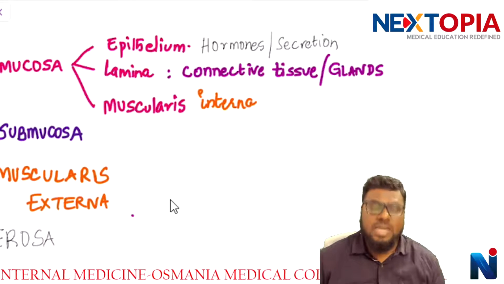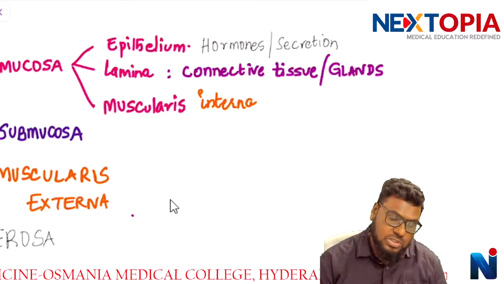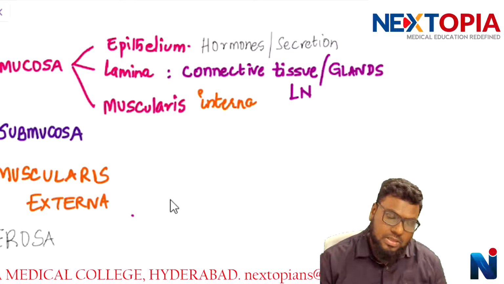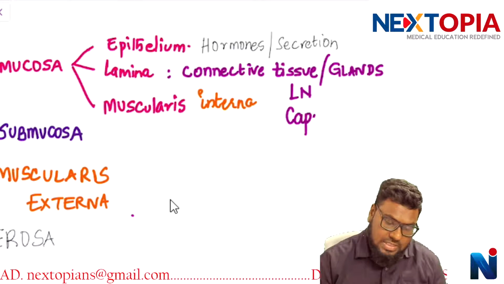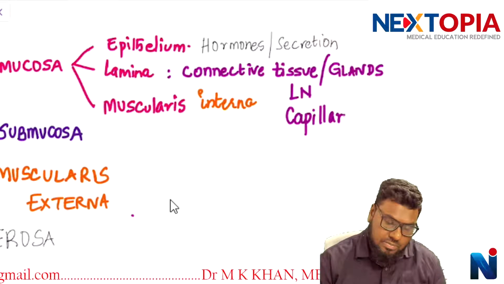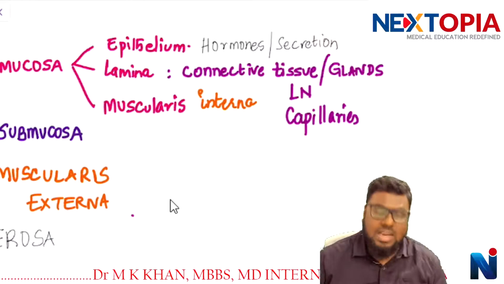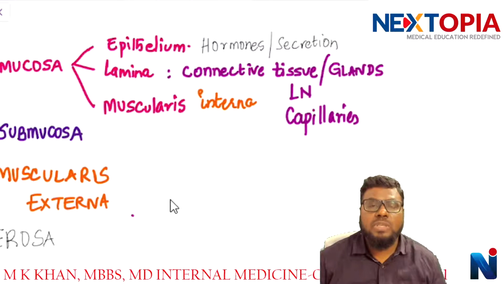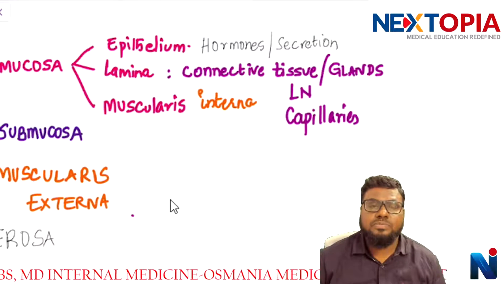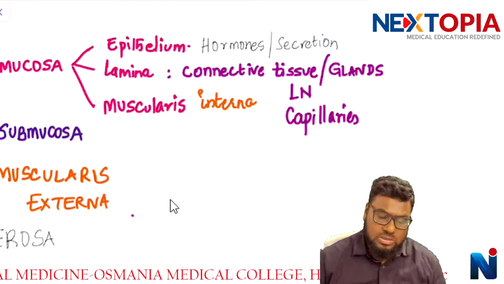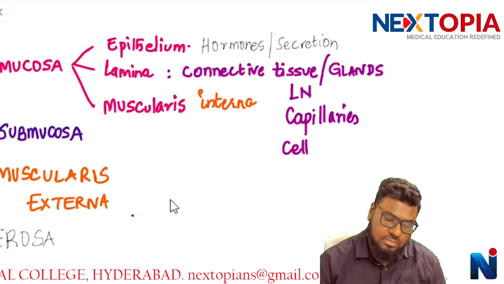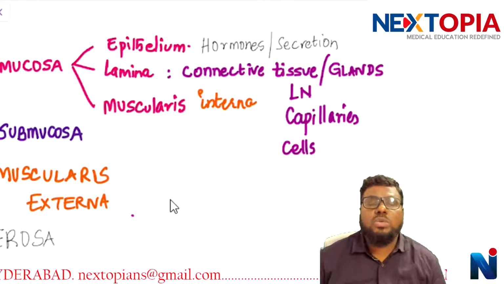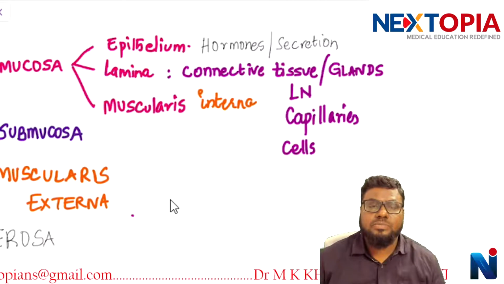This lamina propria is a house or a seat of lymph nodes. This lamina propria has got capillaries or blood vessels. So this lamina propria is rich in the glands, hormone secreting cells, lymph nodes, and the capillaries.